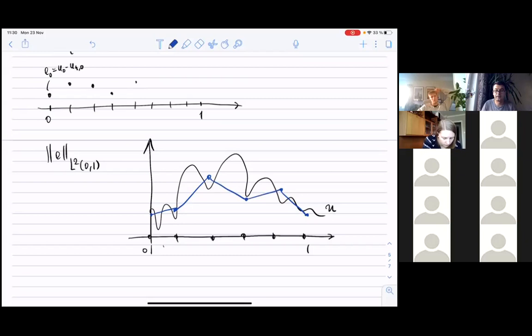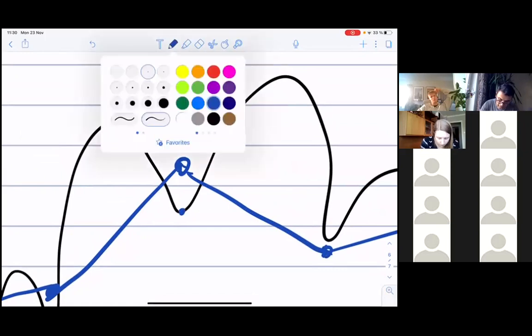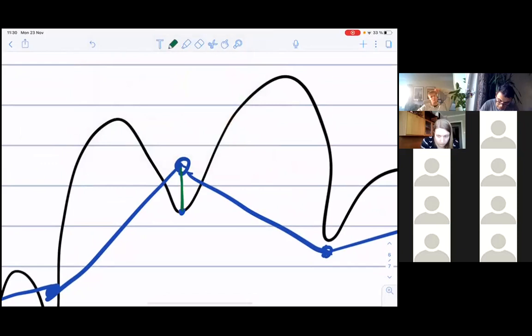Okay. So now if you use the 2 norm in MATLAB, it constructs these points. It's a distance. I'll draw it with a different color. So the 2 norm in MATLAB is just this little distance between u(x_i) and u_h(x_i).